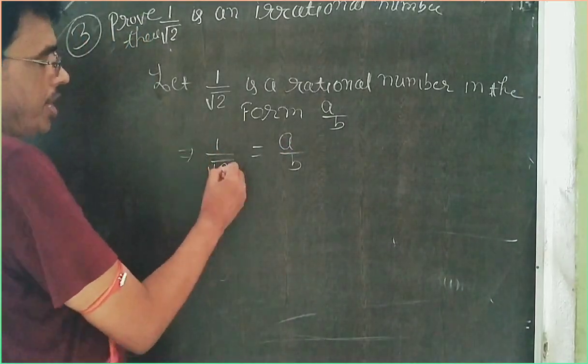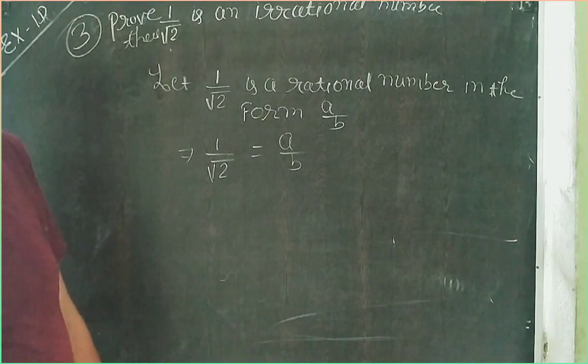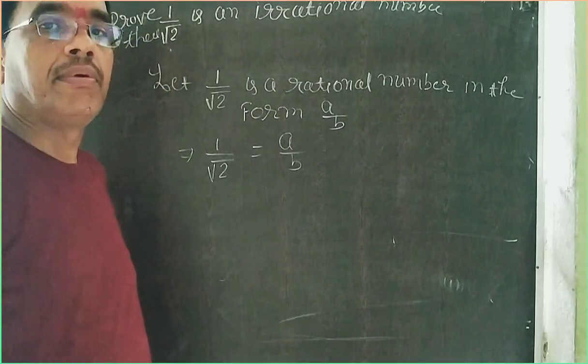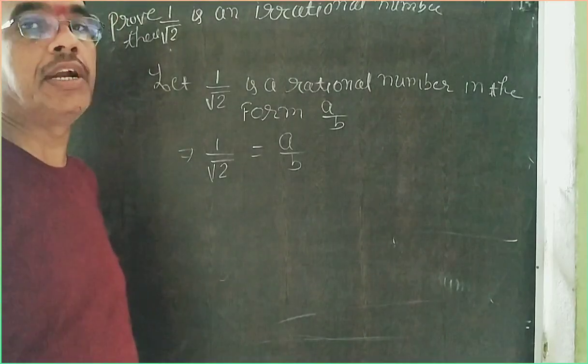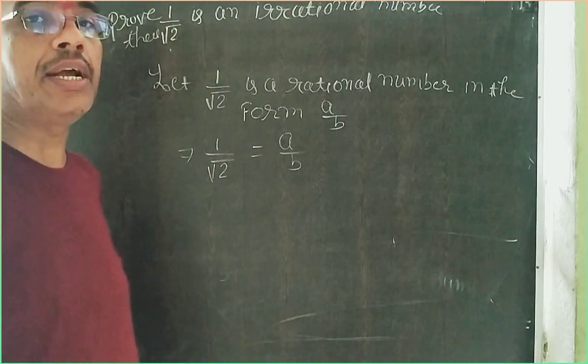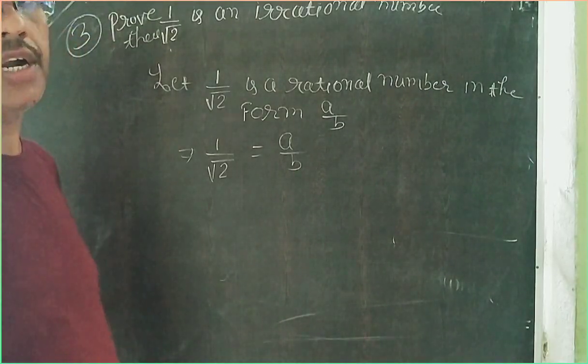If there is an irrational number in the place of the denominator, then first you rationalize it. As in class 9, you first rationalize the denominator.